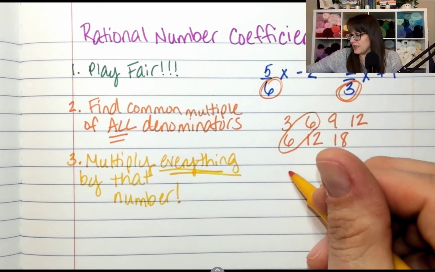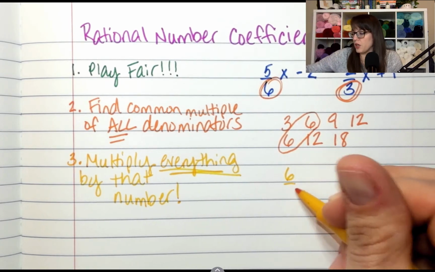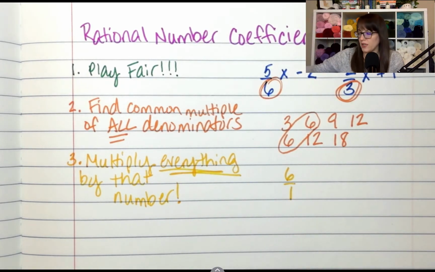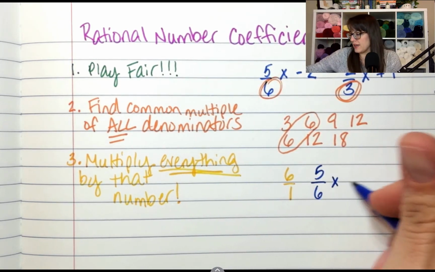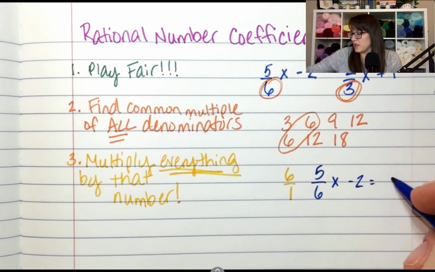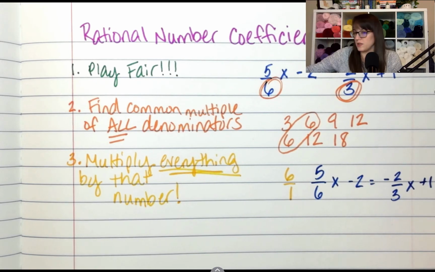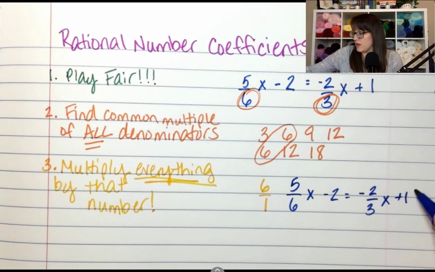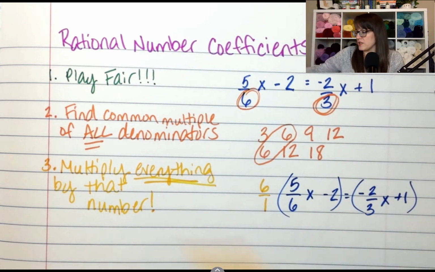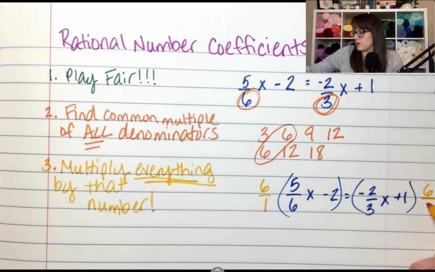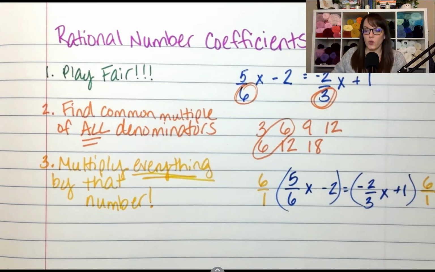Okay, so we've got 6, and I'm going to put it over 1 because we are about to walk into some fraction territory. I'm going to rewrite it in blue. 5 over 6x minus 2 equals negative 2 over 3x plus 1. And I'm going to put this stuff in parentheses to show that it was there first and that I am going to multiply by 6 over 1 to everything.